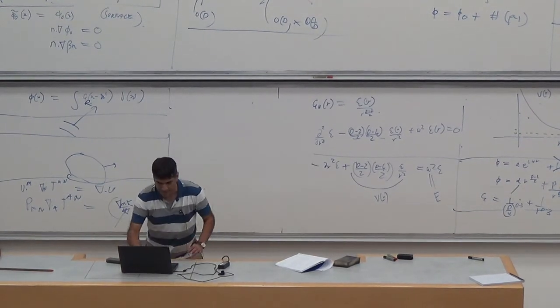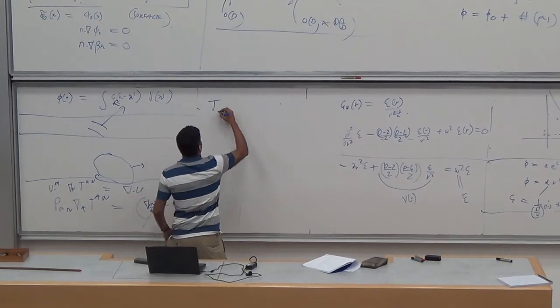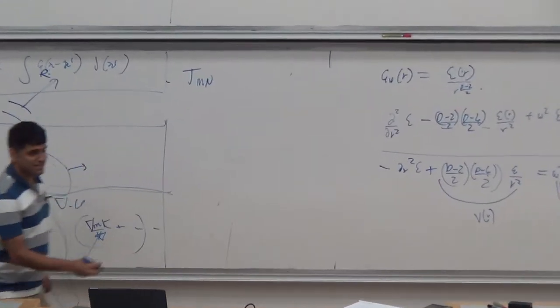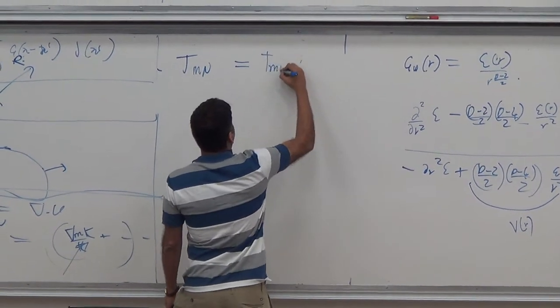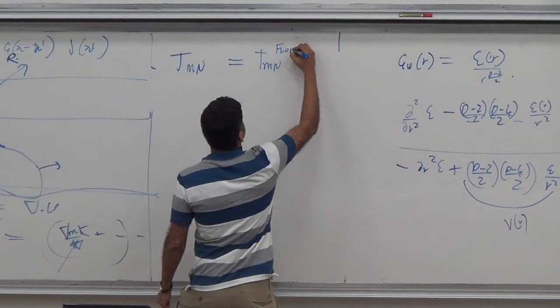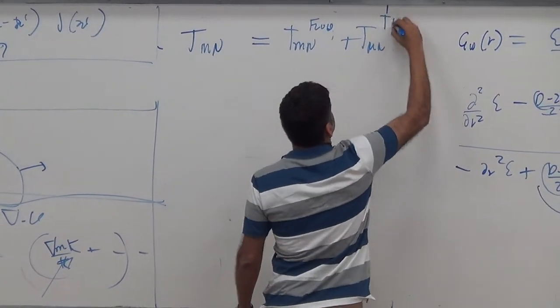Okay. So, it turns out after some work that you can write the stress tensor as T_mn equals T_mn fluid plus T_mn total derivative.